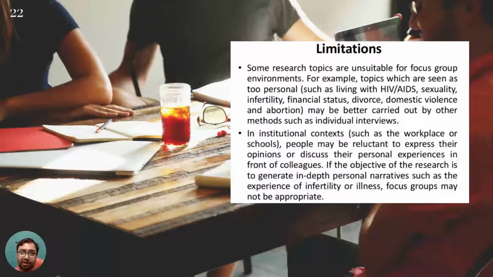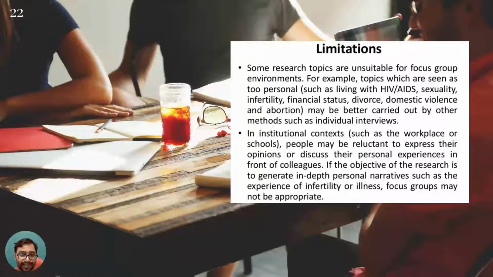In limitations, some research topics are not suitable for a focus group environment. You must know that limitations means there are some things to avoid in these topics. Some research topics are not suitable for FGD, and we should plan another way.